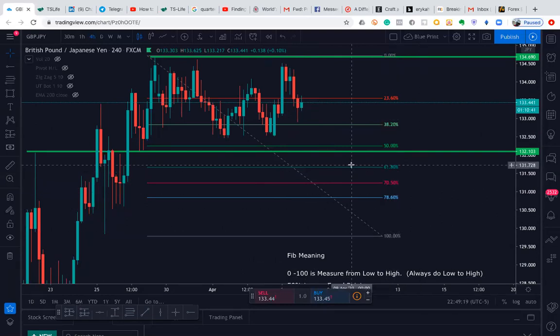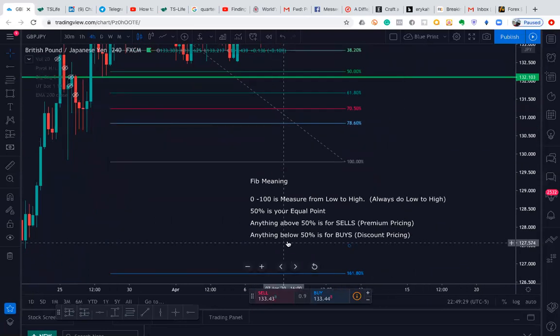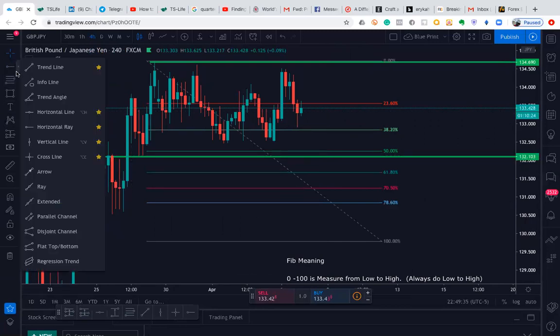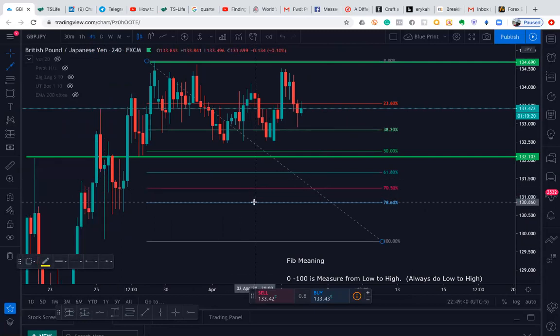So as we walk down, anything below 50% is for buys. So if price comes and basically sits on top of the 70%, you look for a buy.